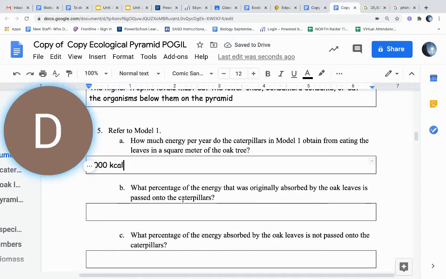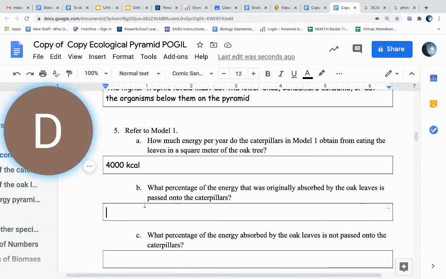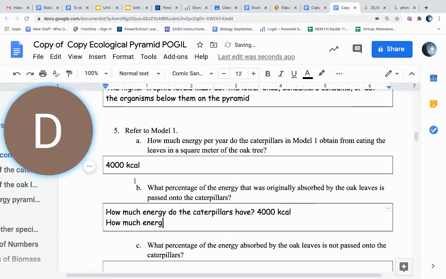All right. Now, so that's a quantity. That's just the sheer value. But now we want to know what percentage of the energy originally available by the oak leaves is passed on to those caterpillars. So we need to think about how much energy do the caterpillars have? It's 4,000 kilocalories. How much energy did the oak leaves have?